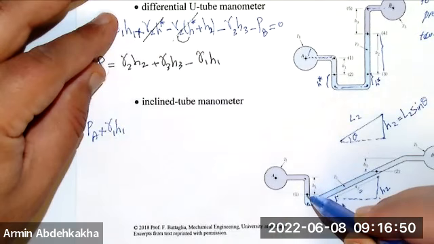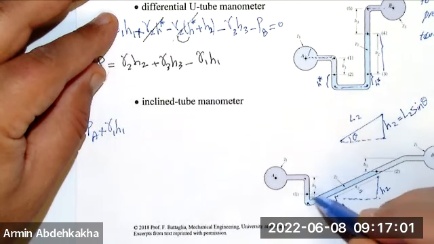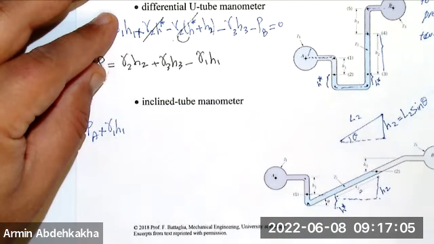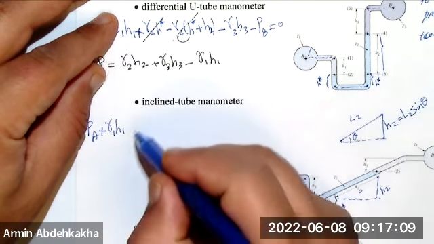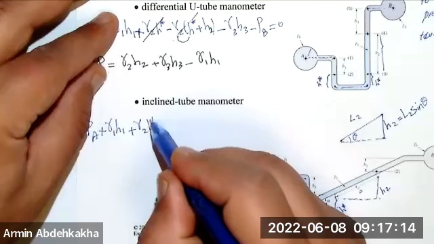Then this line from here to here, you're moving in the second fluid, that's the blue one. How much you are coming down is H star, because I put the name H star on this line from here to here. So you're moving down, then plus gamma 2 H star.